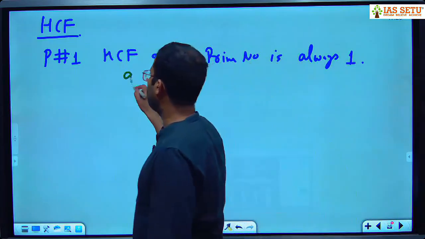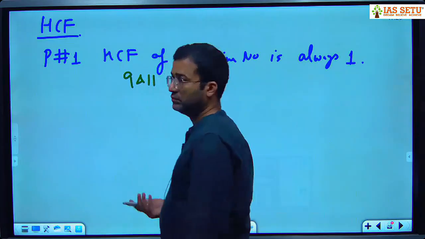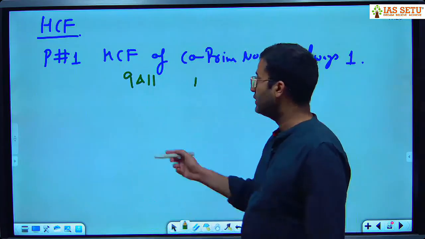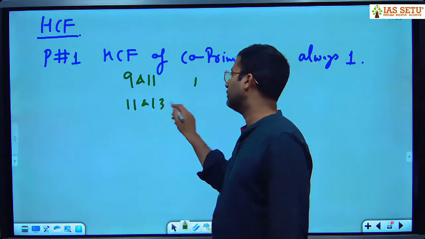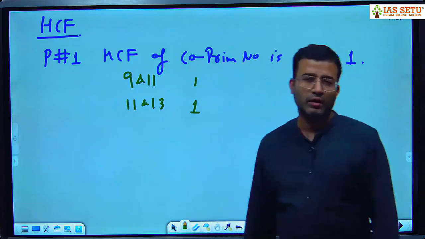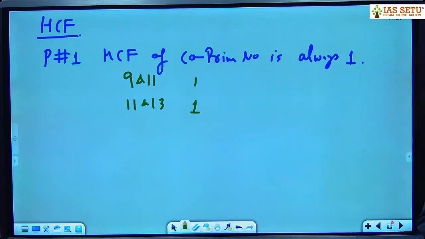Now what is HCF of 9 and 11? 1. What is HCF of 11 and 13? 1. Okay, HCF of co-prime numbers is always 1.